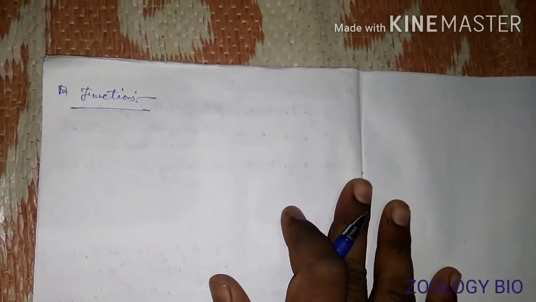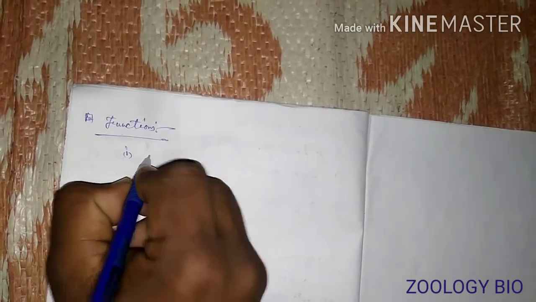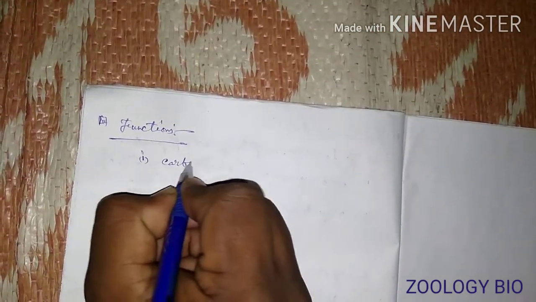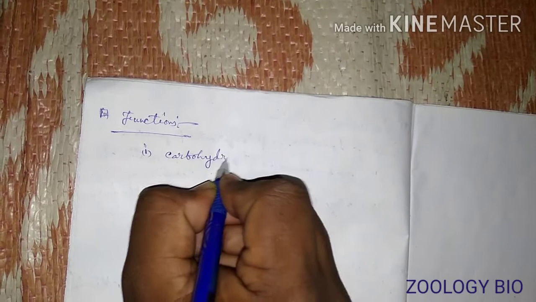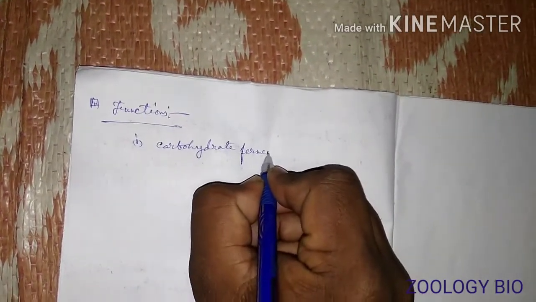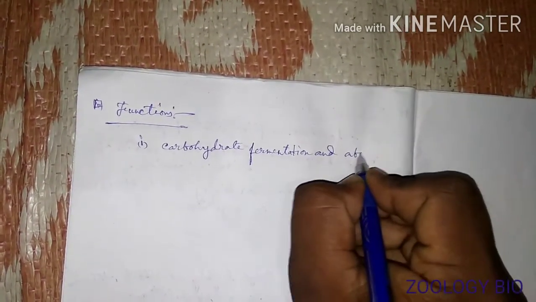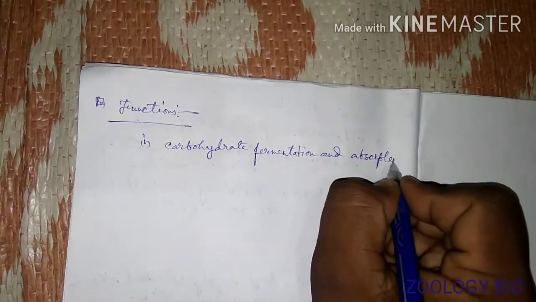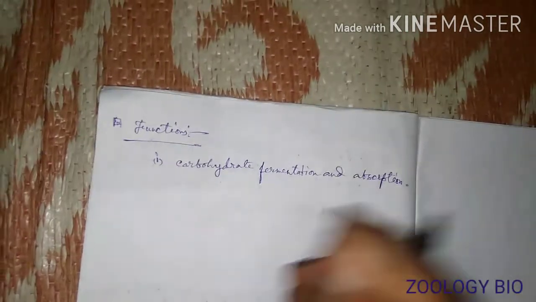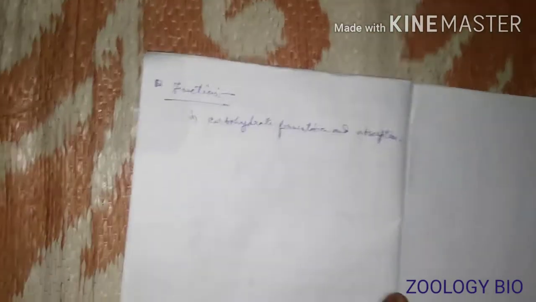So now the functions. First one is carbohydrate fermentation and absorption. The large intestinal lumen is mostly anaerobic.